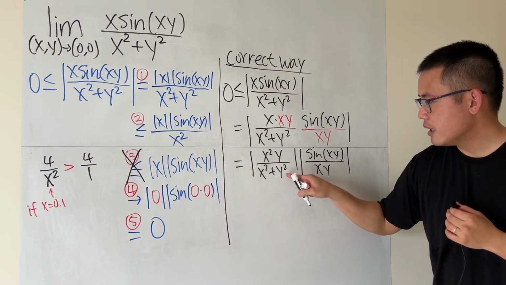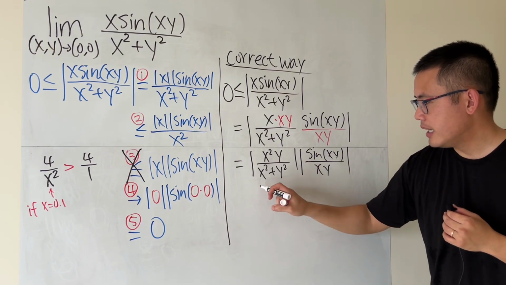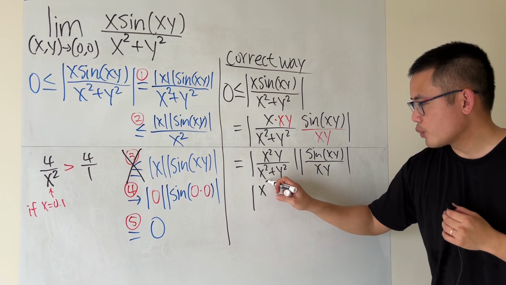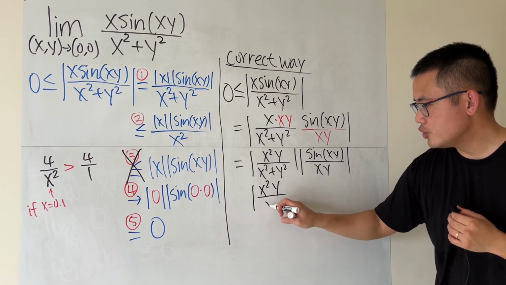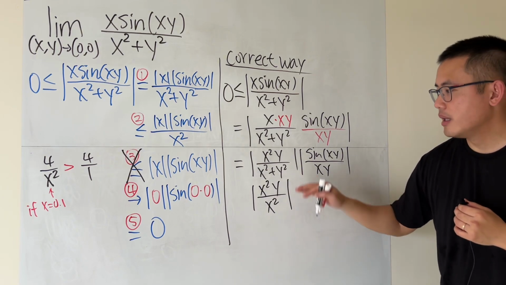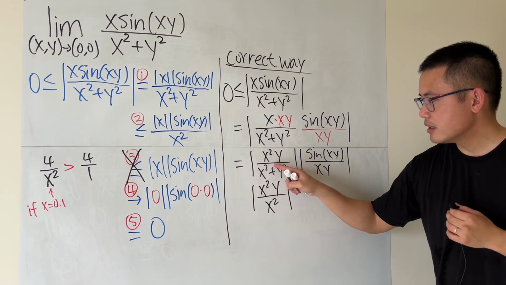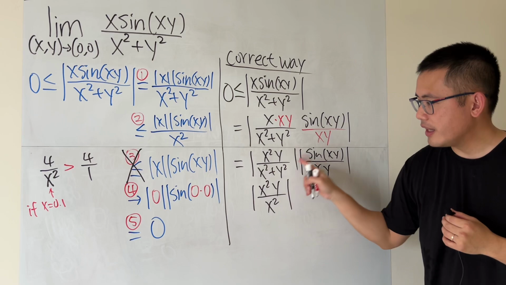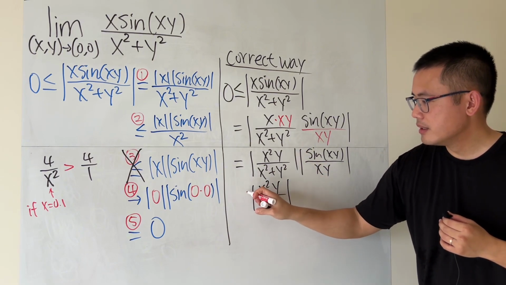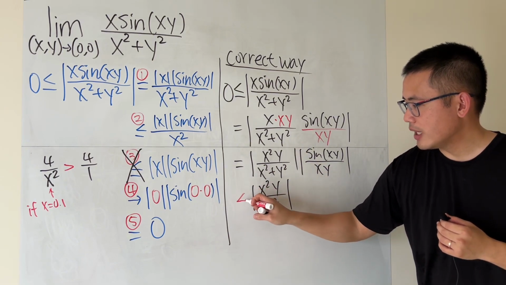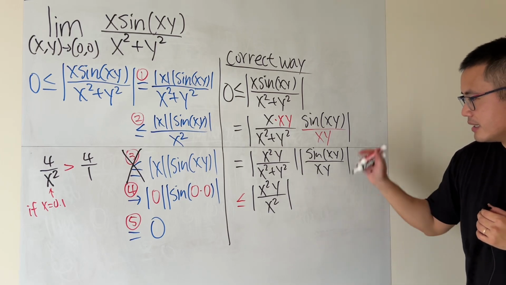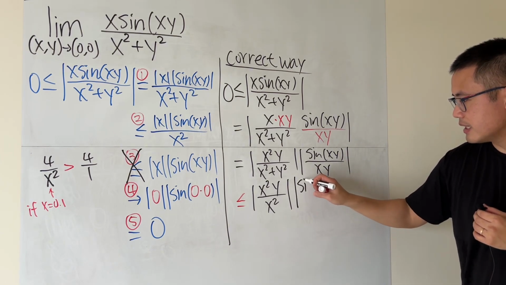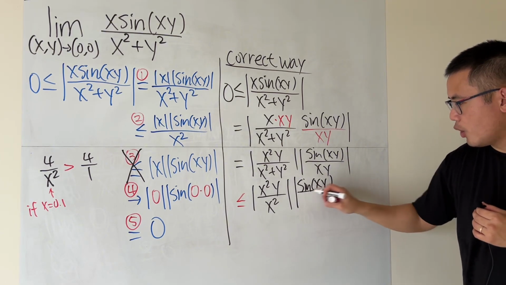So take away y squared, and the result is the absolute value of x squared y over just x squared. This denominator is bigger than or equal to this, so we will have the whole thing being smaller than, so we have this. And then this right here stays, so the absolute value of sine of xy over xy.